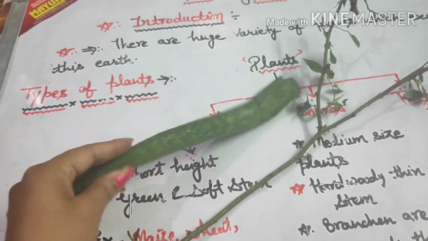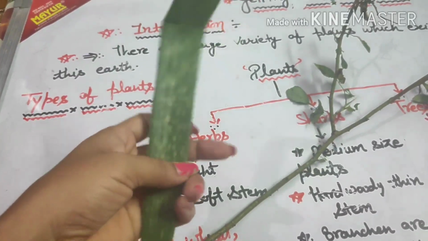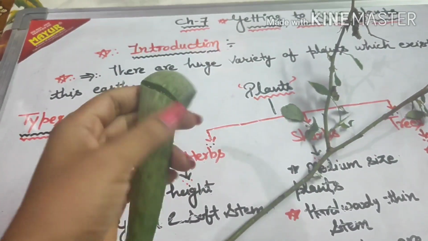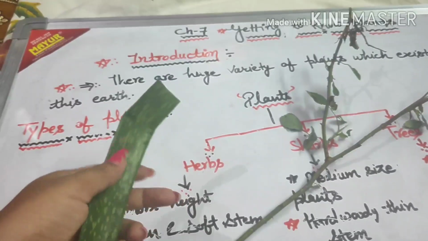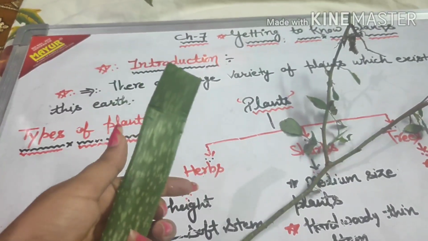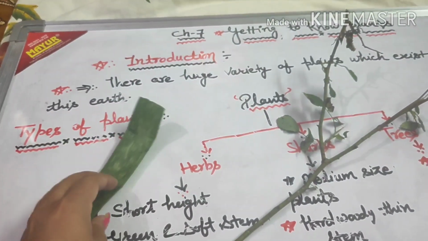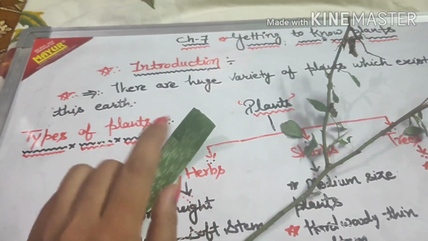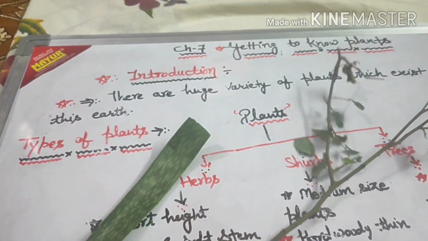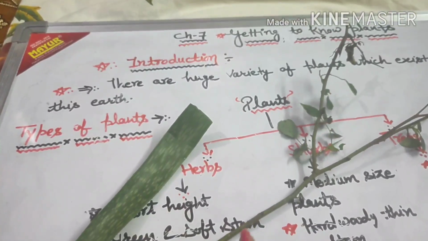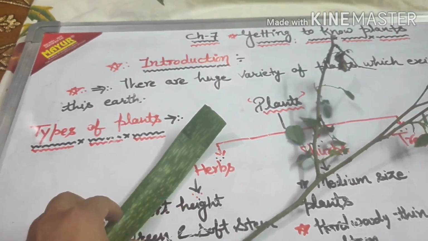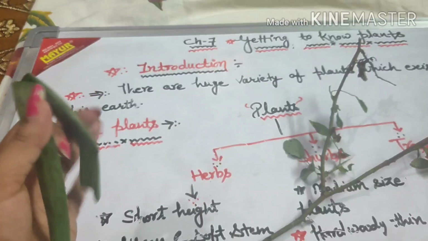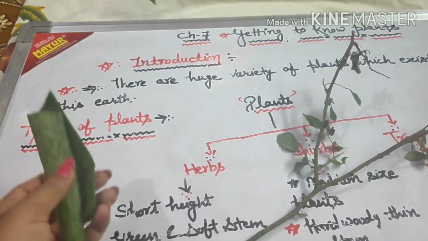You can see this aloe vera stem is soft and we can bend it easily, so this is an herb. If you compare the height of both plants, the size of the rose plant is medium, and the size of the herb plant is short.